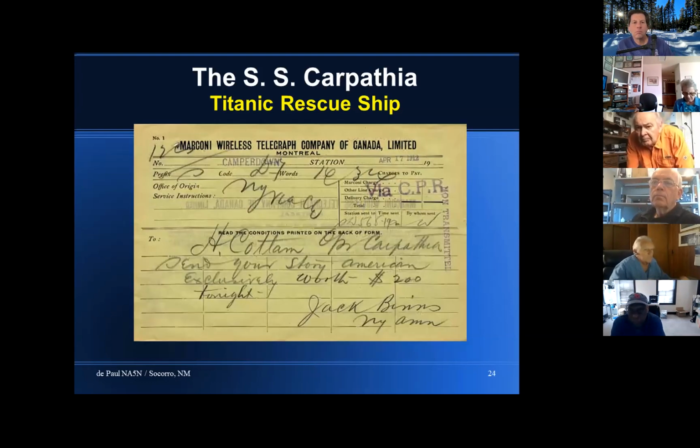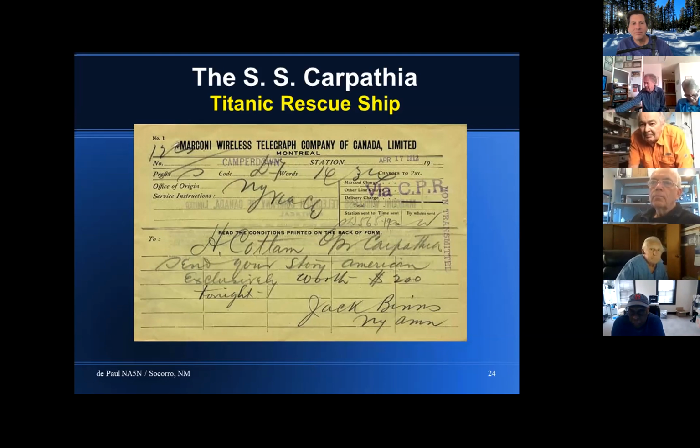We also have telegrams offering the radio operators, in this case, $200 for the exclusive story. In today's dollars, probably $5,000 or $6,000 that they offered the operator to send them a message.